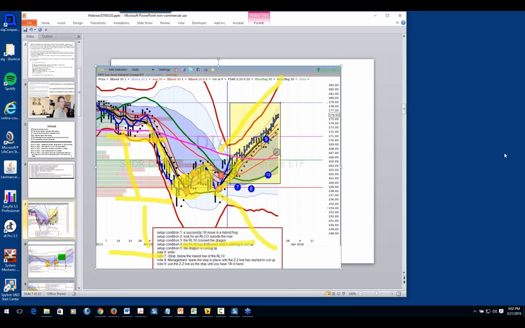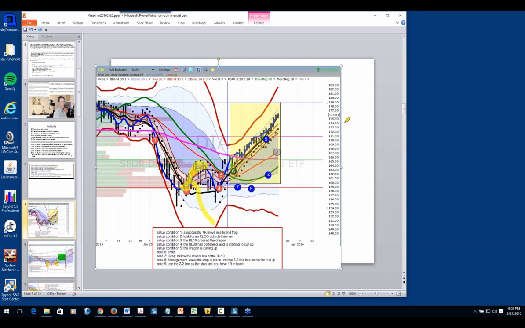And you know how to, by that, in fact, what you can do is, if the RL10 didn't even get through the dragon, and you have this P1 comes up and then it starts to fail right away, that's P1F. That's your favorite pattern of all time, because that's a lazy W in the other direction.